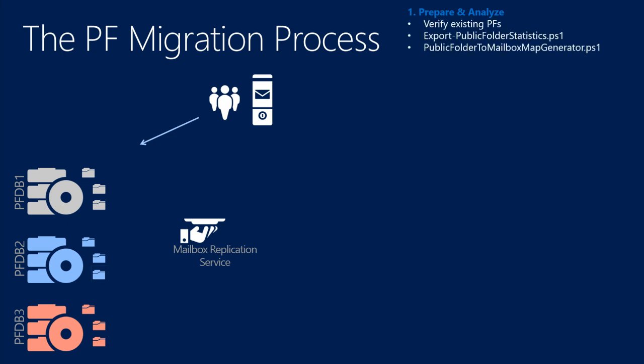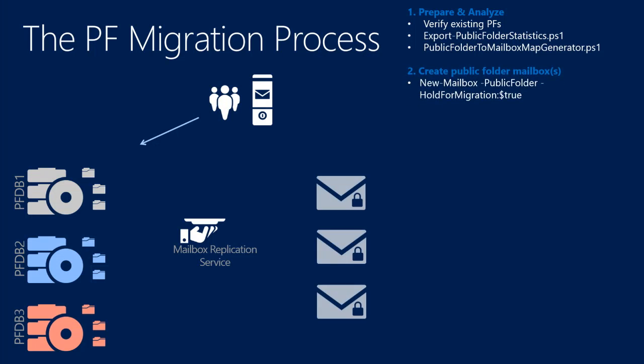Basically, you verify your existing public folders. And currently, there's only one known issue that I know of. It's the backslash in a public folder name that you should be aware of, and that should be removed. Then you run 2 scripts, export public folder statistics and public folder to mailbox map generator, and I come to that in a minute.